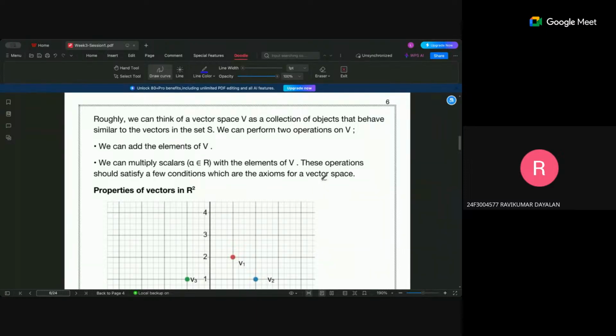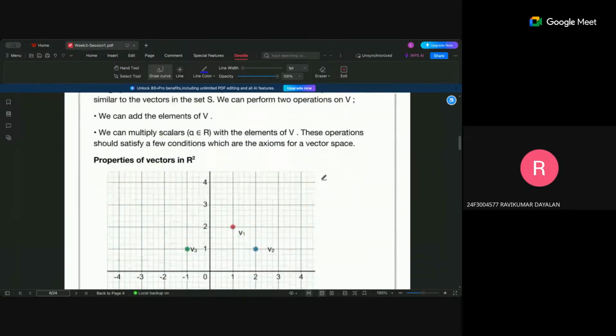So what is the first thing we see? For a vector space, addition should be defined for the vectors and scalar multiplication should be defined for the vectors, and then it should be closed under addition and closed under scalar multiplication.